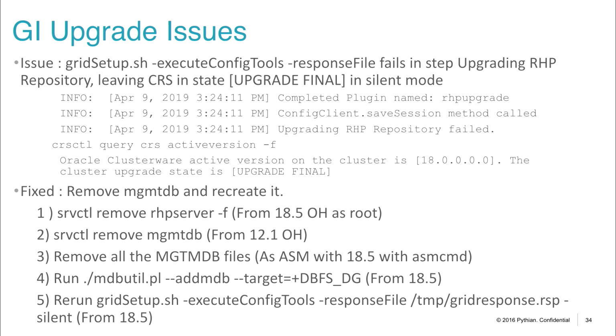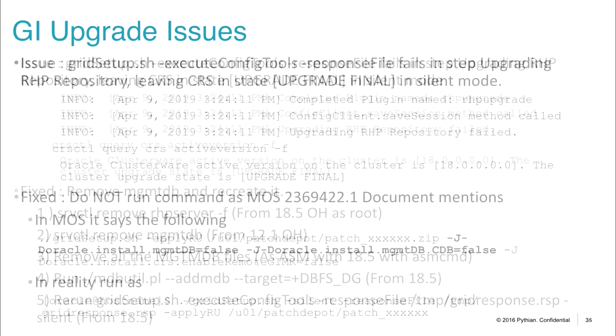We removed all of the management DB files with an ASM command, and we recreated the management DB with this utility. Once we did that, we reran grid setup, and we were able to bring up our grid infrastructure correctly.